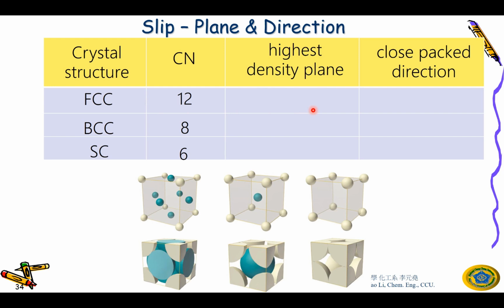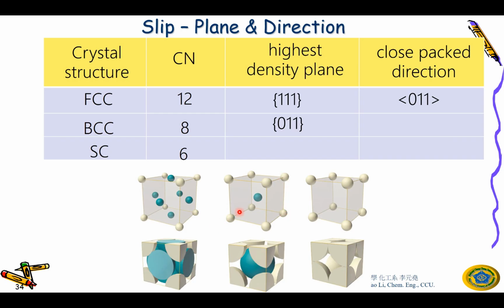Now the highest density plane. You want to see the planar density. For FCC, the highest planar density is 111. The close packed direction is 110. So you can just move in this direction. How about BCC? For BCC, the highest packing density plane is 011, or 110, that's the same.